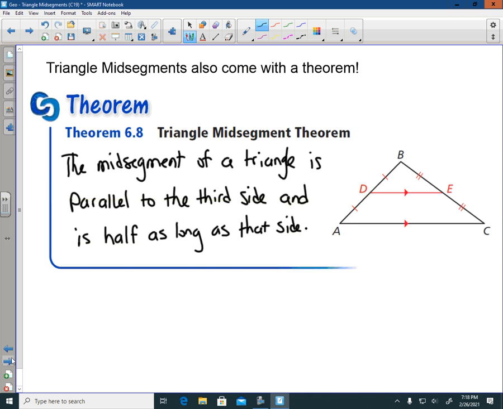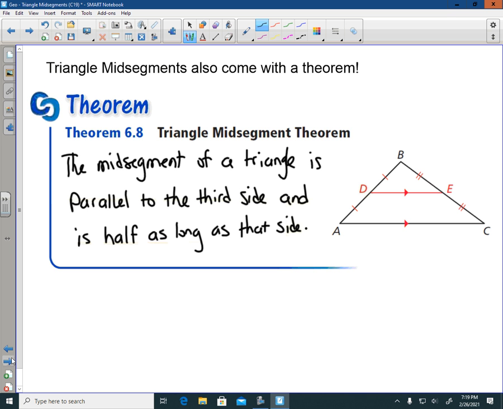The midsegment of a triangle is parallel to the third side and is half as long as that side. So there's two things we know about midsegments, two totally predictable relationships between midsegments and that side that is not connected in that midsegment relationship.